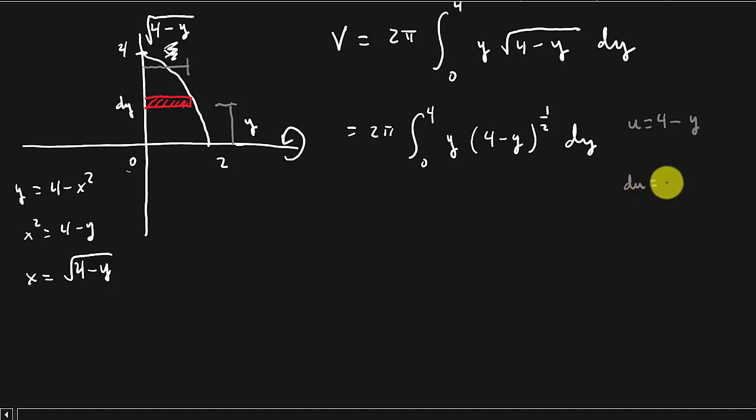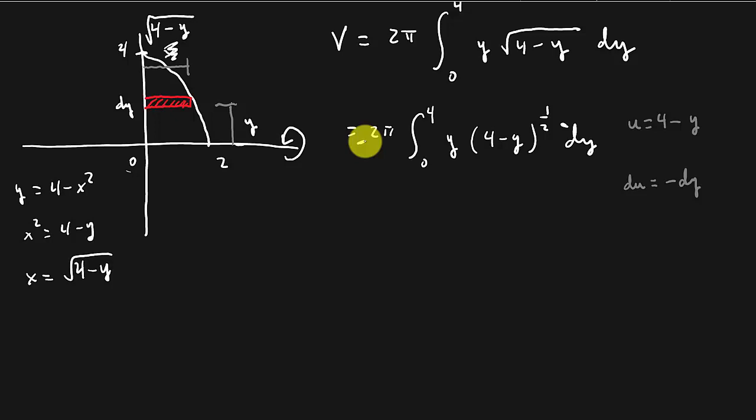Du is equal to negative dy. Derivative of this is negative 1 dy. Remember, u substitution. See how I've got negative dy? So I need a negative here. So that means I have to come out here and multiply by a negative to make it negative 1. Okay?